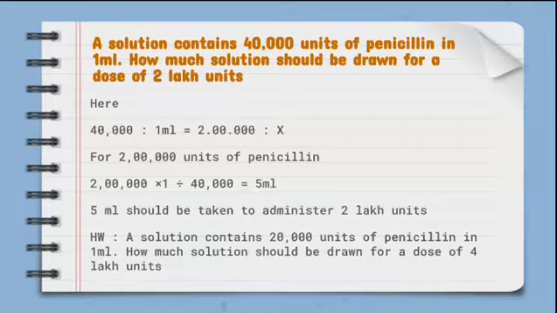A solution contains 20,000 units in 1 ml. How much solution should be drawn for a dose of 4 lakh units? You have to do 4 lakh divided by 20,000, or you can put the formula the same way as above and get the answer.